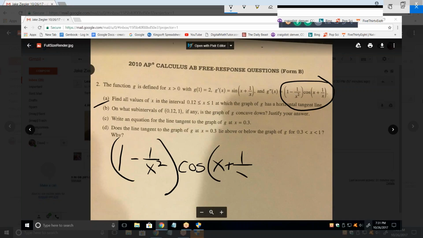I gotta believe this is a calculator question. There's no way they expect you to do this without a calculator. So let's solve it with a calculator.